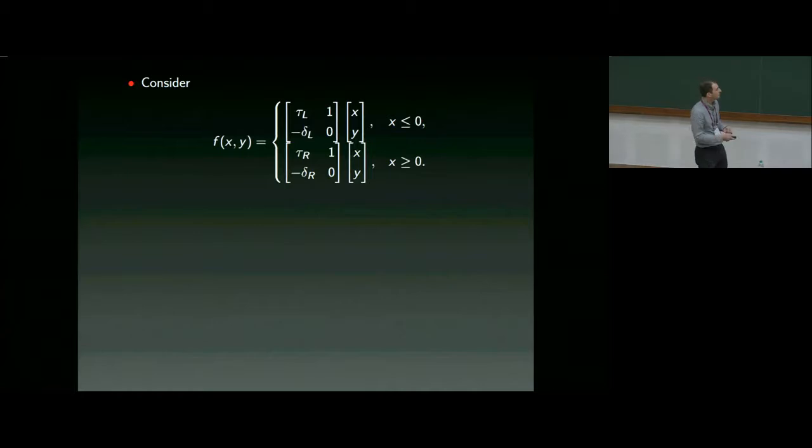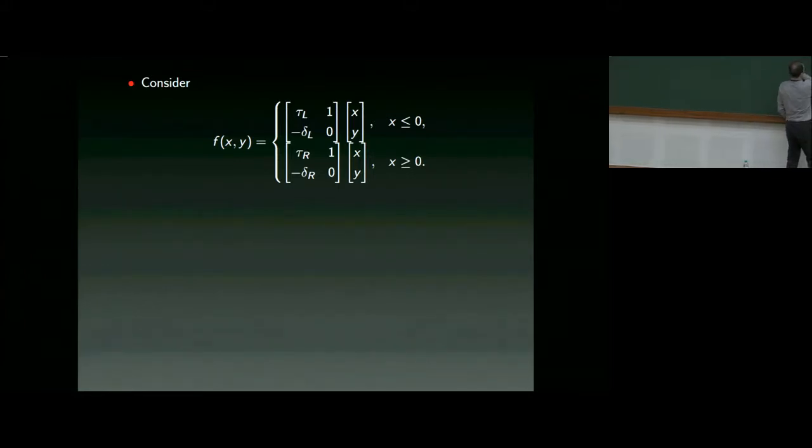Okay, so first of all, we're going to consider this map. So for those of you who are at the summer school, you'll recognize this as the two-dimensional border collision normal form, but without the constant term. So for those of you who weren't there, this is a map on the plane.